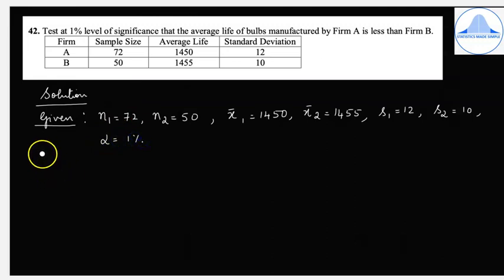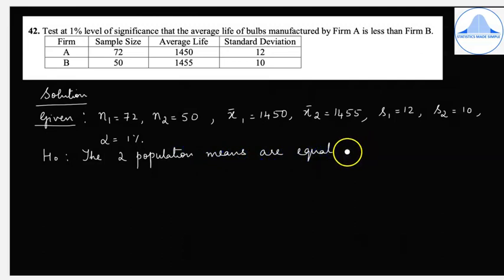Now, the next important step is to write down the null hypothesis. So H0 you can write in words. The two population means are equal. Now, if some of you find it difficult to write in a sentence format, you can also just write mu1 is equal to mu2.